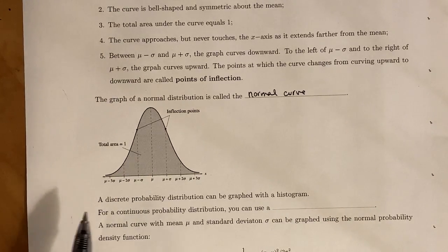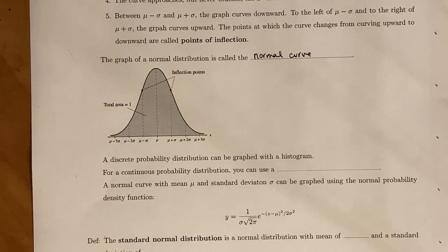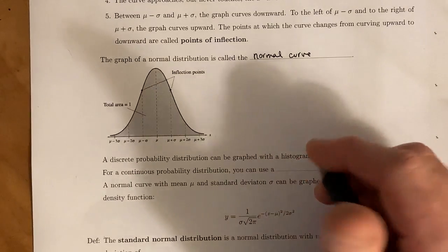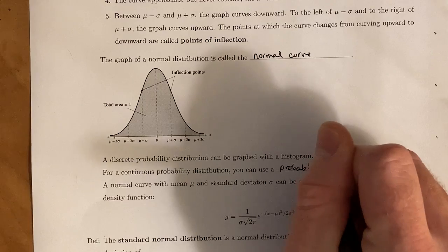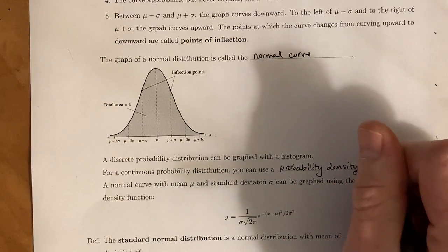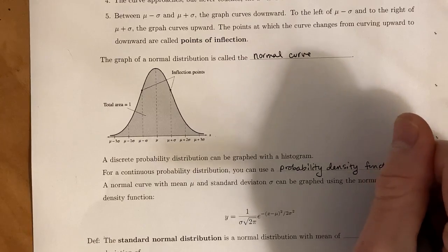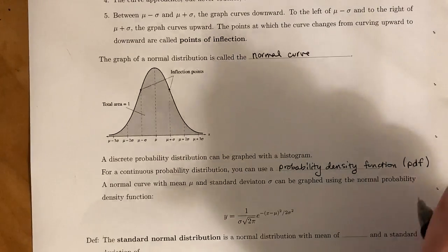With a discrete probability distribution, we can study it using a histogram. With continuous probability distributions, we need to be a little bit more sophisticated, and we can use these things called probability density functions, which sometimes you'll see shorthanded as PDF.